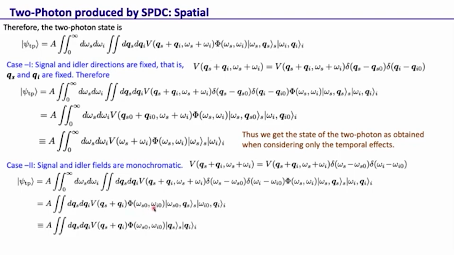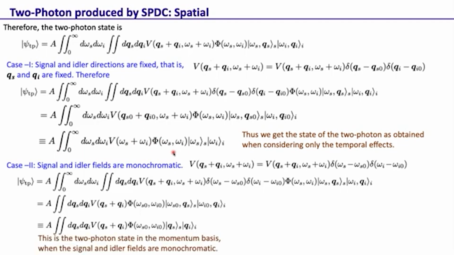Here this is the phase matching function. Again, we can choose not to write the frequency arguments here, and in that case the two-photon state can simply be written like this. So that's the two-photon state when we have a monochromatic signal idler field, but qs and qi can take any value. That is the case when the frequencies are fixed, but the directions qs and qi can take any value.